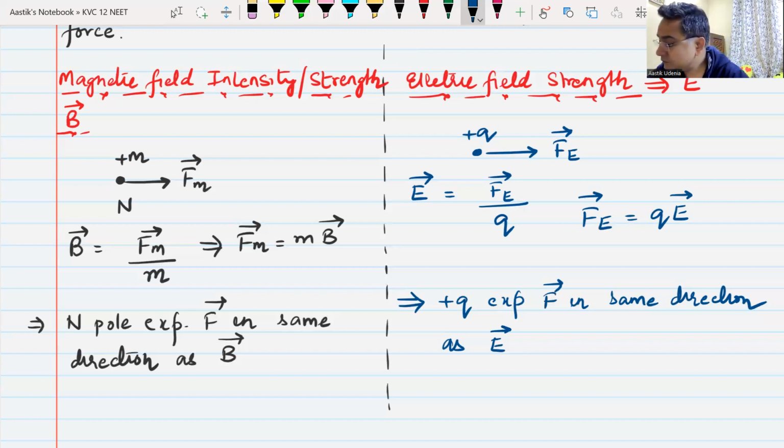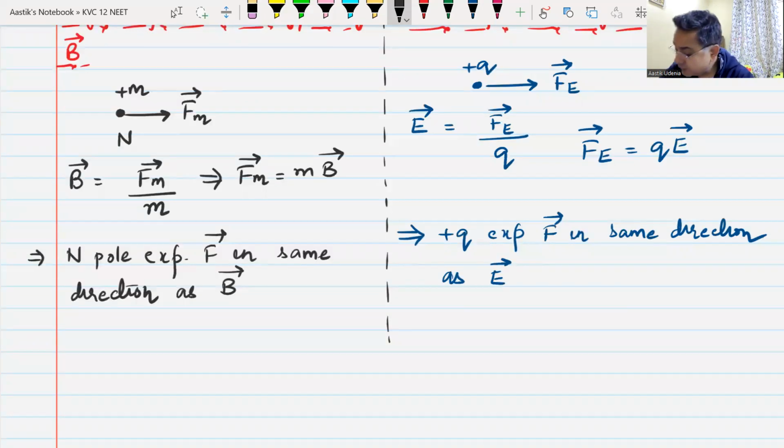So, if I have a North Pole and the magnetic field B is this way, sorry, I should draw it in another way. If I have a North Pole and the magnetic field vector is in this direction, it will experience force in the same direction.